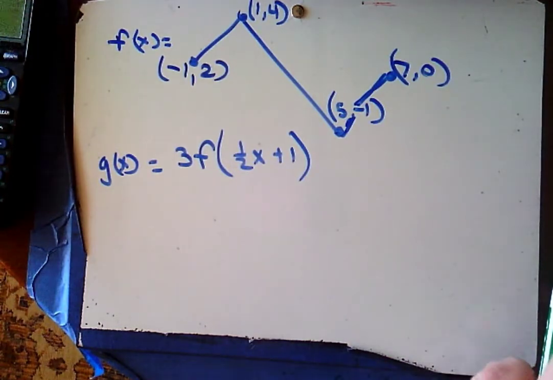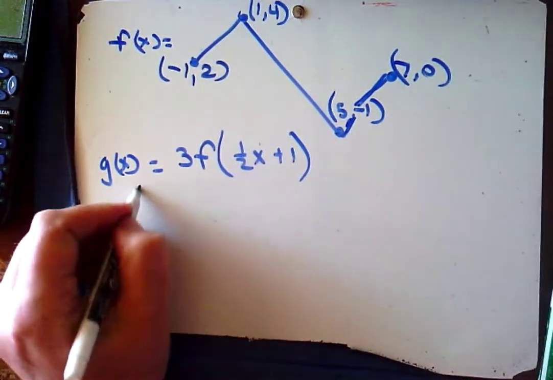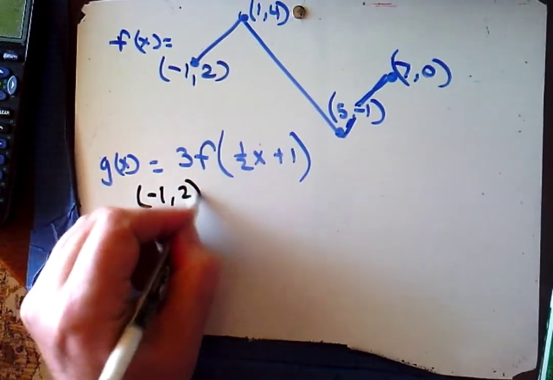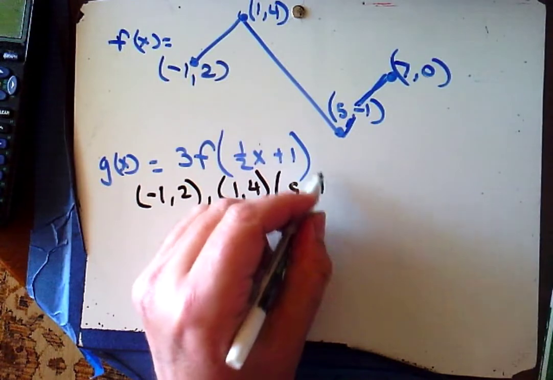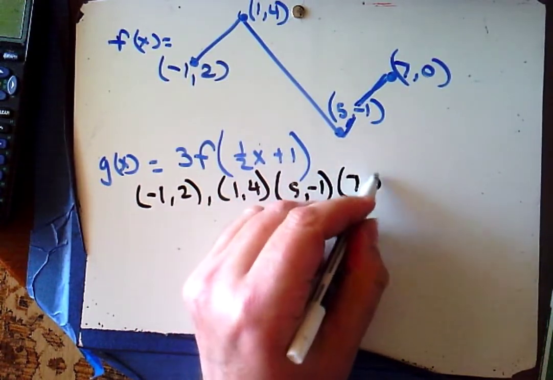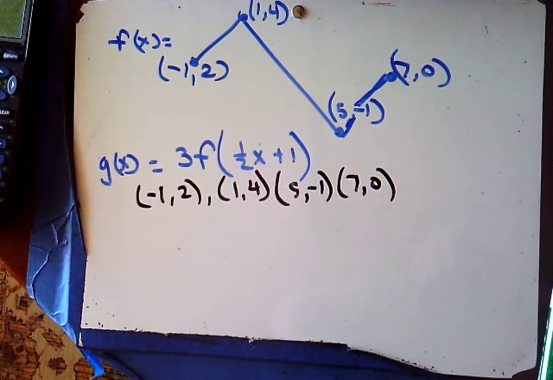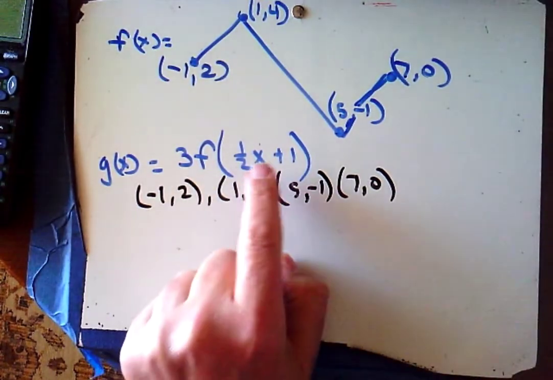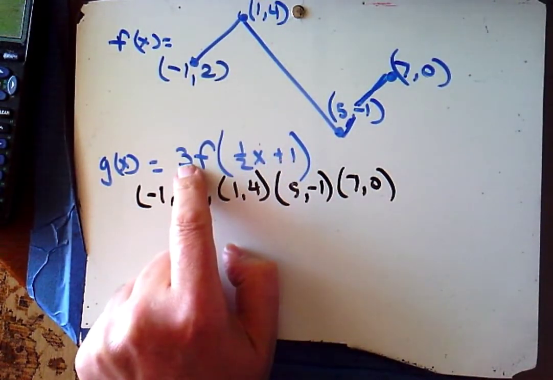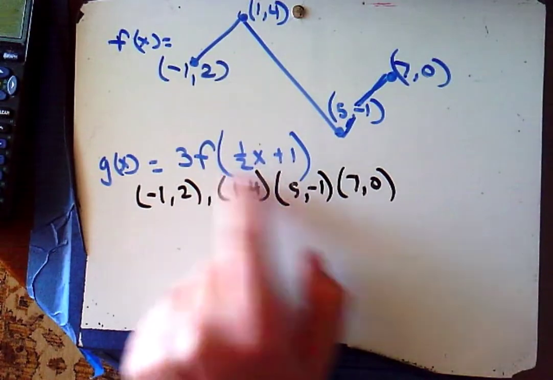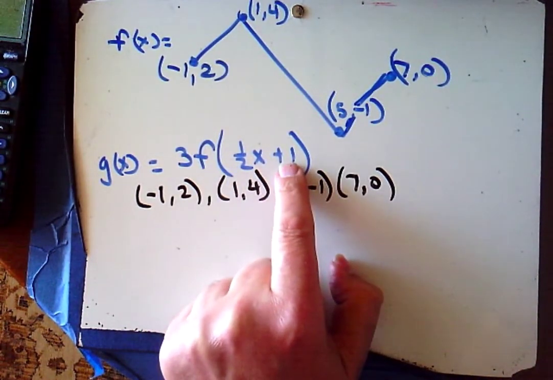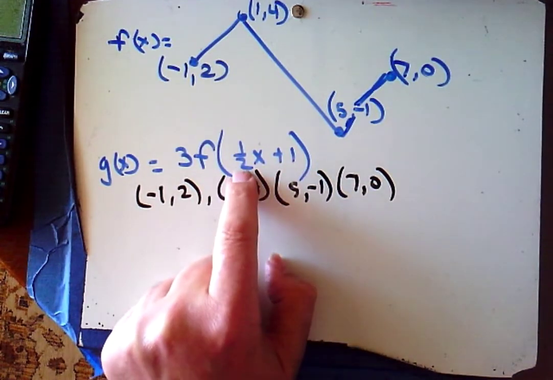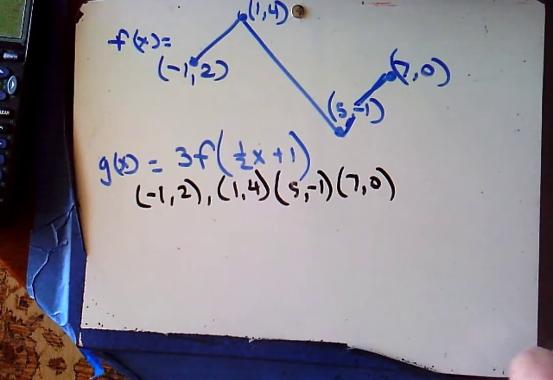So I'm going to write out my reference points, just like I would do with all the other transformational graphing problems. And now I'll start applying my transformations. So I see I'm supposed to multiply all the y's by 3, and inside the function, I've got a plus 1, which means I need to subtract 1 from the x's, and I have a divide by 2, which means I'm going to multiply all the x's by 2.